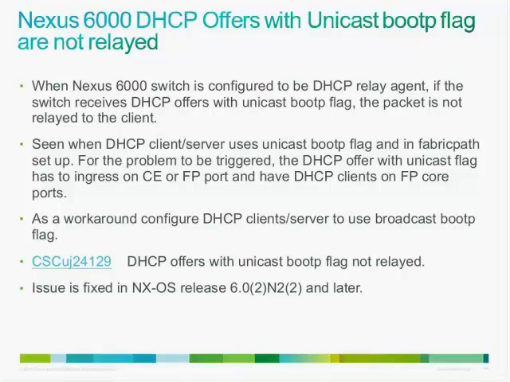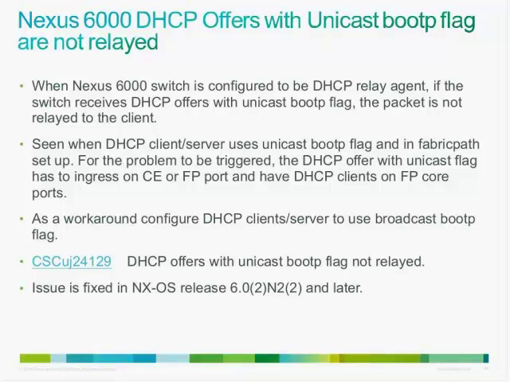So again, this could be seen in your fabric path setup as well. We have seen it more in fabric path environments. For the problem to be seen, the DHCP offer has to ingress on a CE or a fabric path port, right? And have the clients on the core ports.